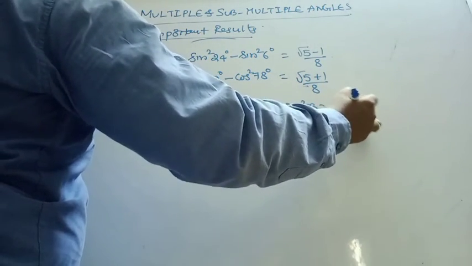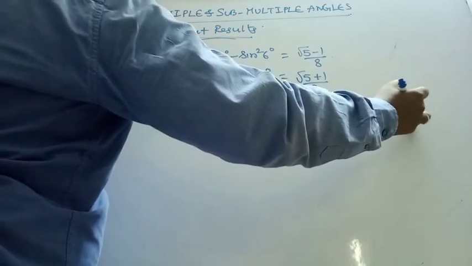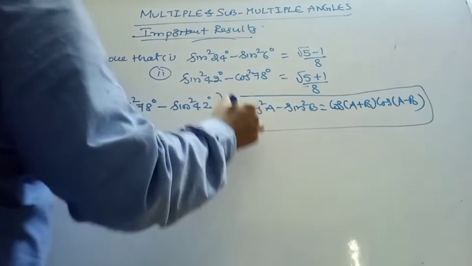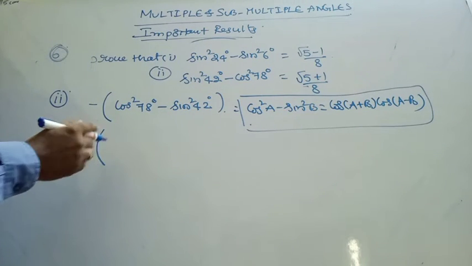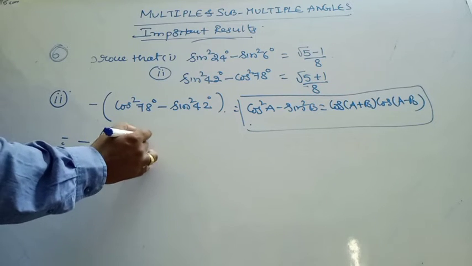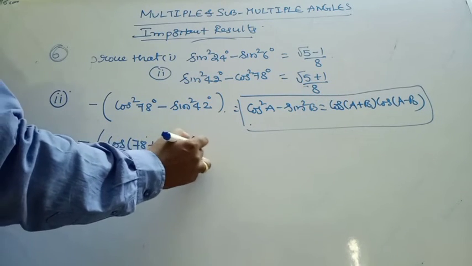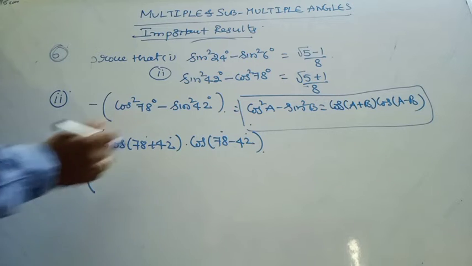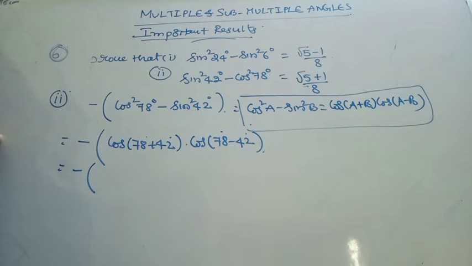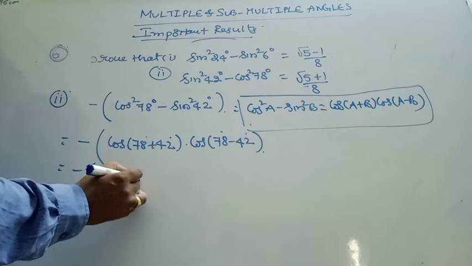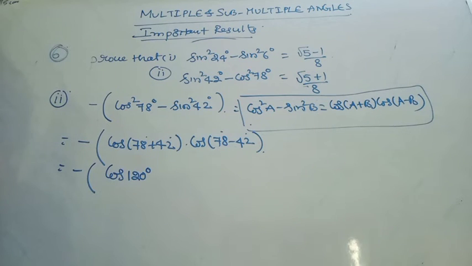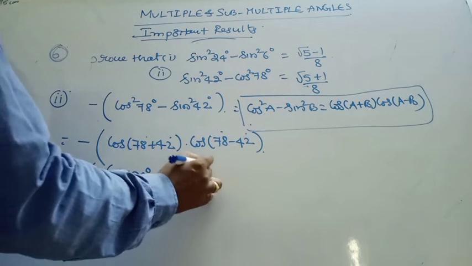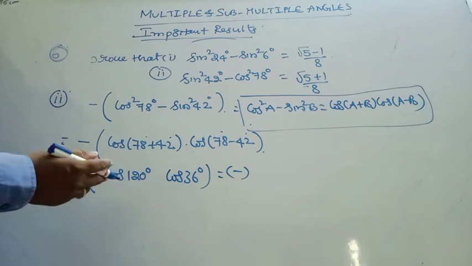I have used this particular result. Now this equals minus of cos (a plus b) into cos (a minus b), where a plus b is 78 plus 42 and a minus b is 78 minus 42. Now this is minus of cos of 78 plus 42, which becomes 120 degrees. So minus cos 120 degrees, and 78 minus 42 is 36 degrees, so cos 36 degrees. Now this is minus into cos 120, cos (90 plus 30).